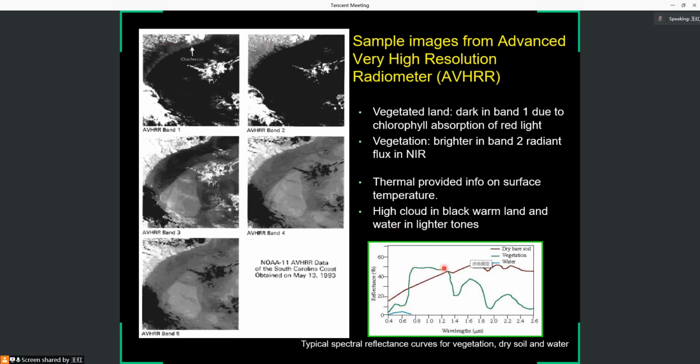And this curve is for dry bare soil. The reflectance increases linearly until here, then maybe reaches a balance.